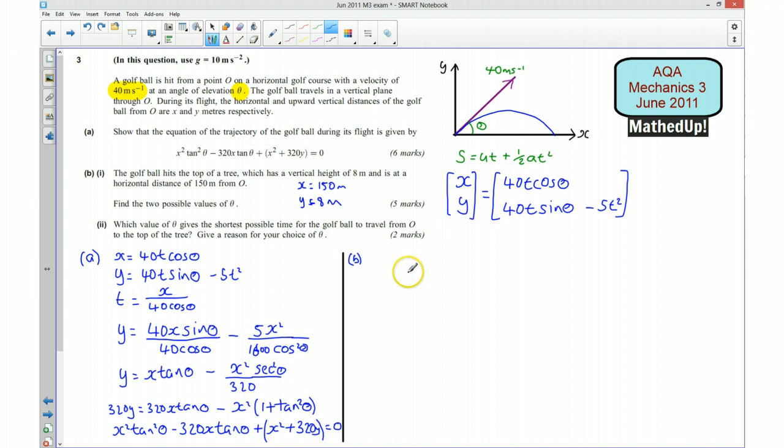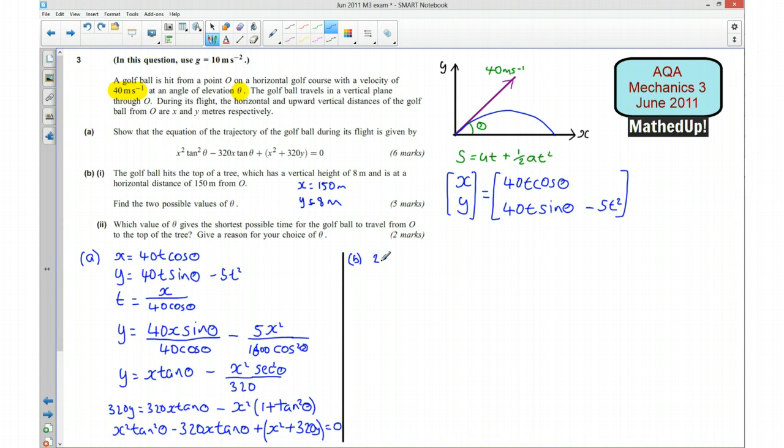Okay, so what I can do is I can sub this into this equation here. So I will have x squared, which is 150 squared.